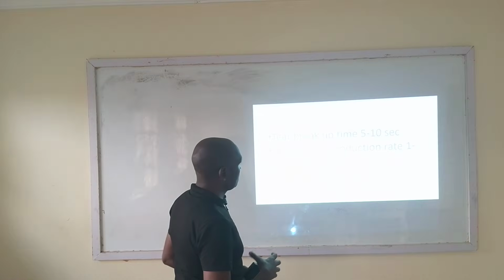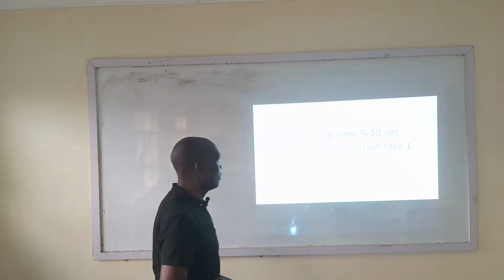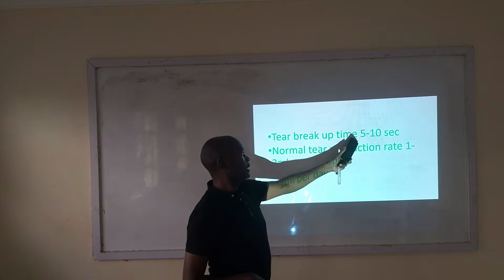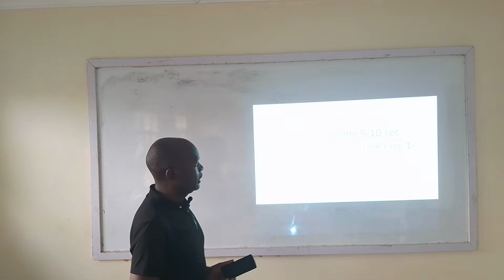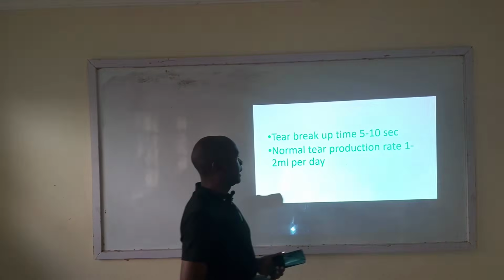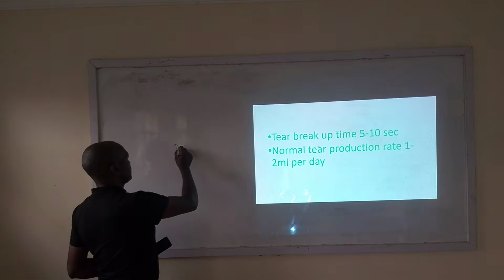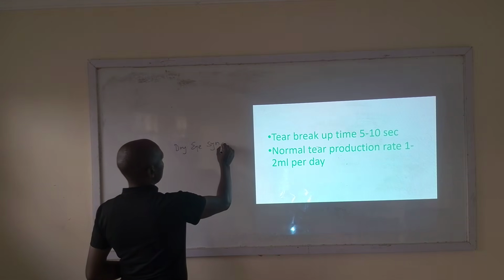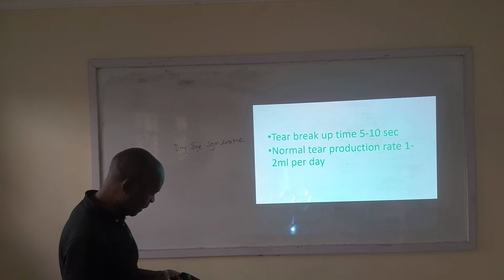When tears have been produced and are on the surface of the eye, it takes 5 to 10 seconds to break up. Anything below this, you'll get a condition we call dry eye syndrome, which we are just about to talk about as we proceed in this presentation.